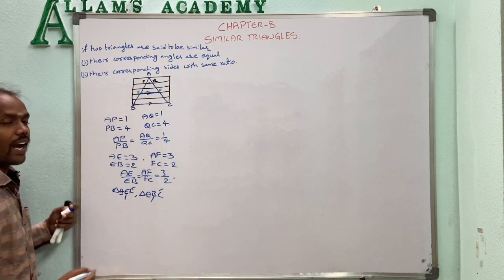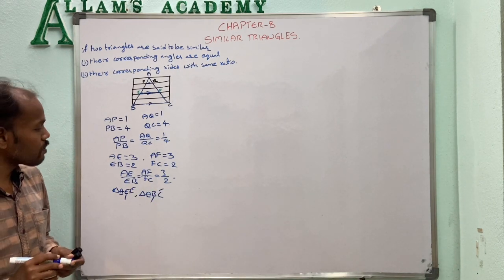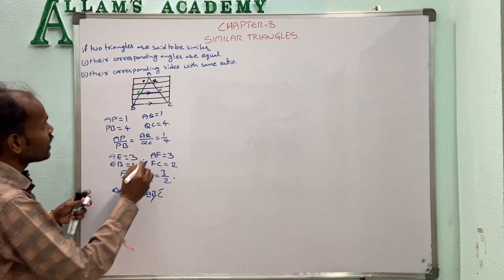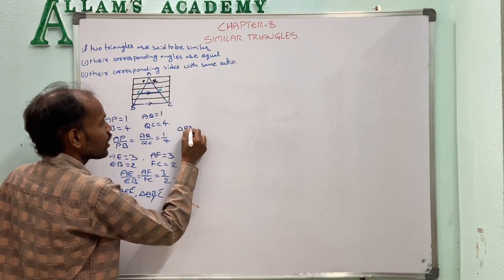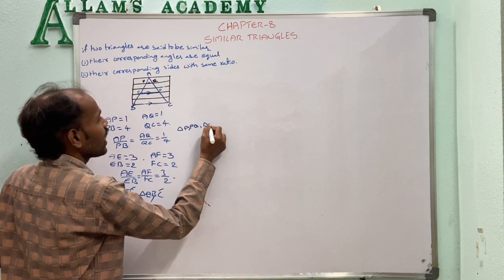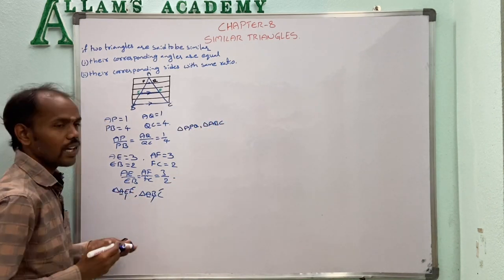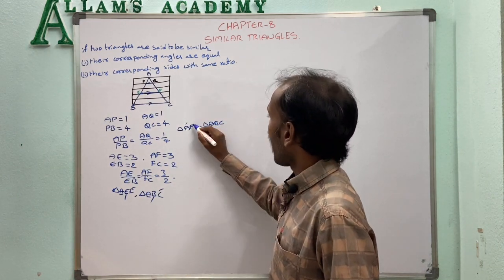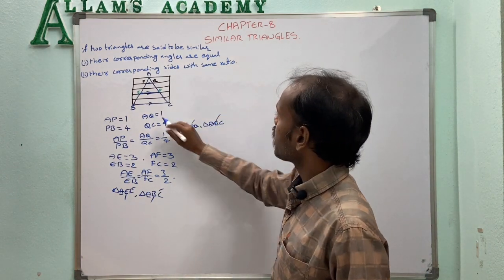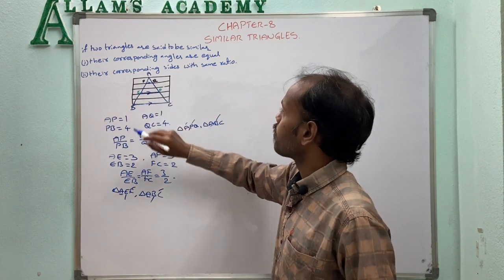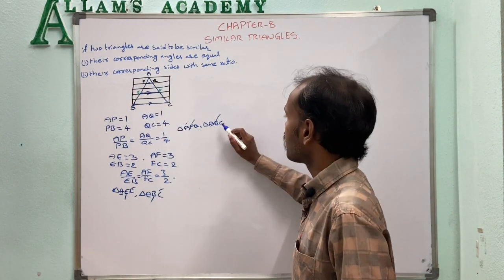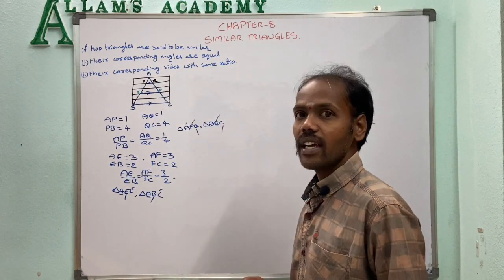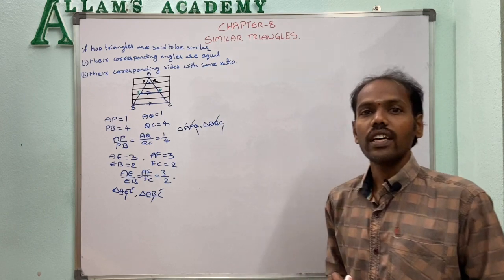Similarly angle F and angle C are corresponding angles, so they are also equal. In triangles APQ and ABC too, angle A is the same, and angle P and angle B, angle Q and angle C are corresponding angles, so they are also equal.